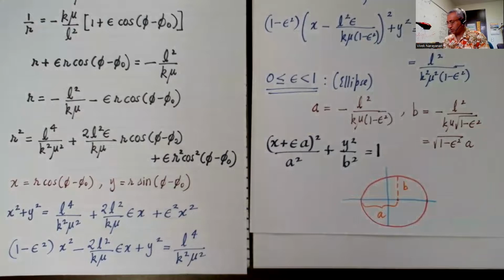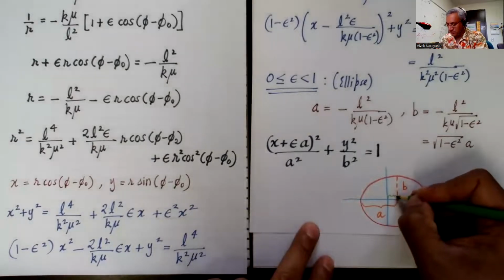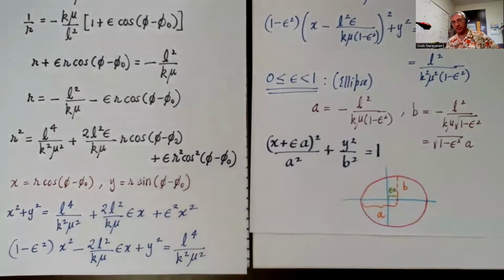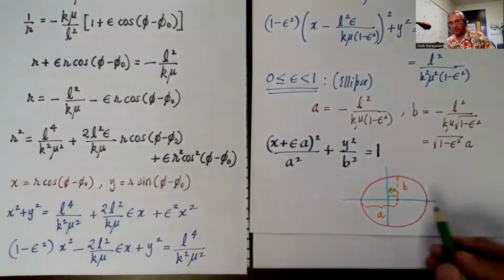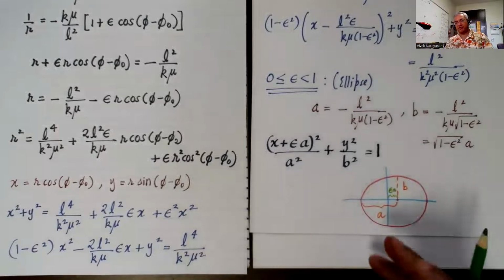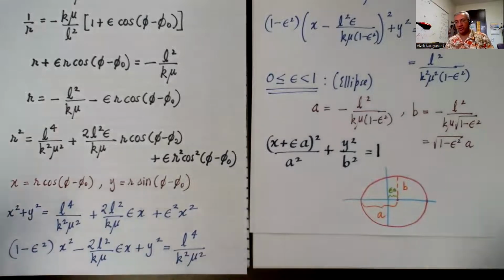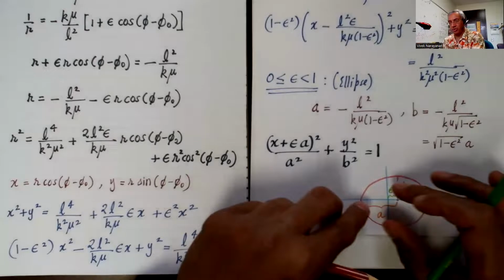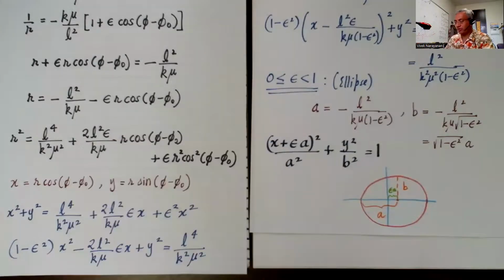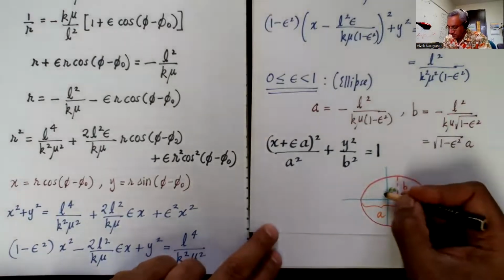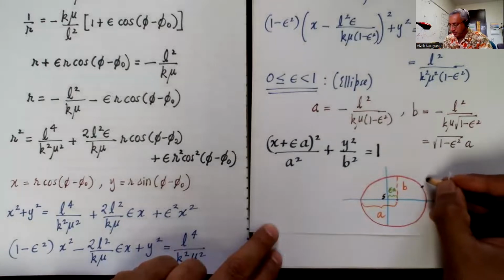The distance of the sun from the center is this quantity epsilon a. So if epsilon is 0, that'll become a circular orbit. If epsilon is not 0, it's going to have this little displacement. If epsilon is really elongated, close to 1, a very elongated line-segment-like orbit, then it'll take up all of the space. So this is the position of the sun, marked S. The planet will be here, marked P.